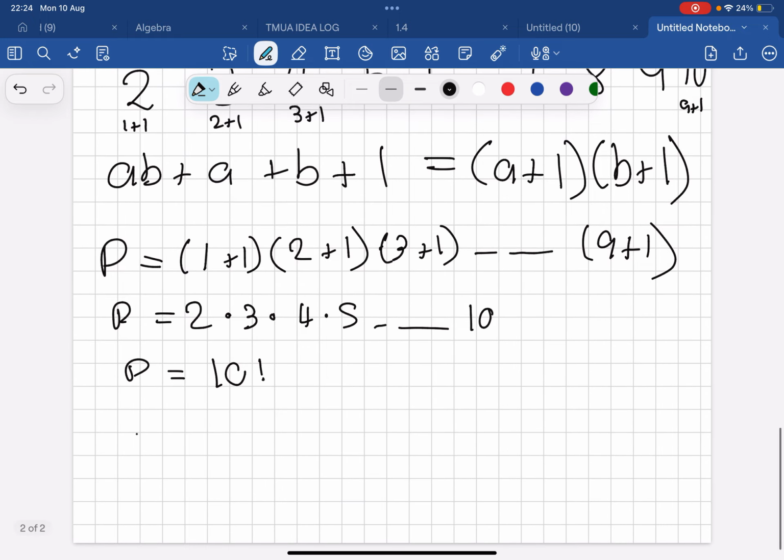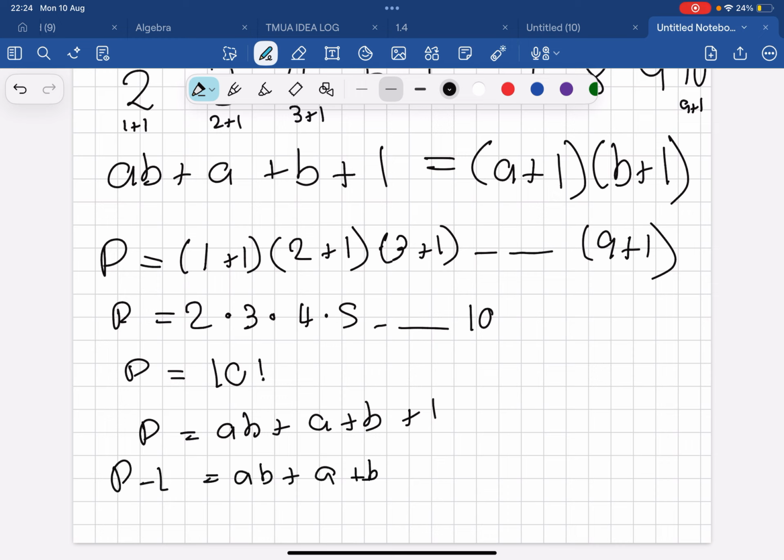Well, we want just AB plus A plus B. So all we have to do is write P as AB plus A plus B plus 1. P minus 1 equals AB plus A plus B. So therefore, that equals 10 factorial minus 1.